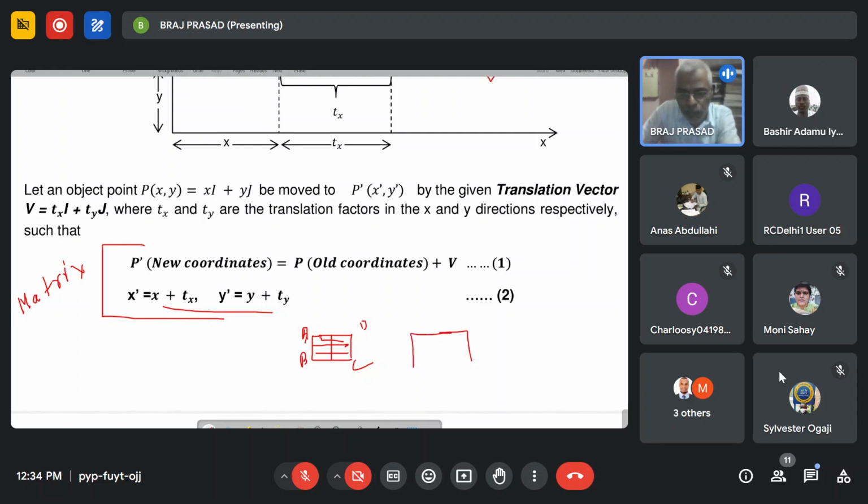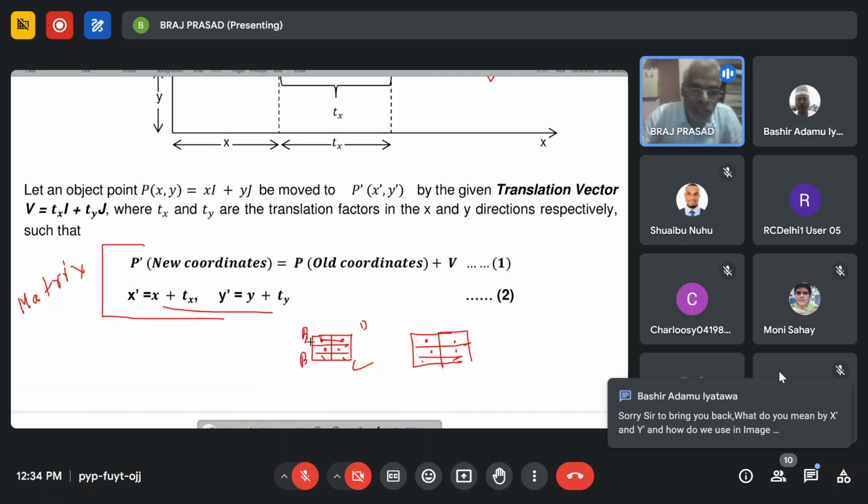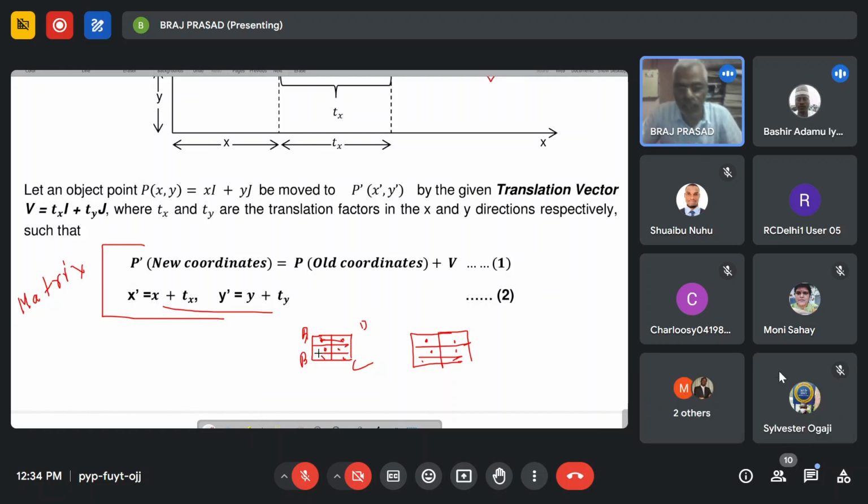So you have to calculate all the coordinates, this point to this point, this point to this point, and like this, so you have to calculate it 6 times. It is a simple object, but in real life an object has many different coordinates.